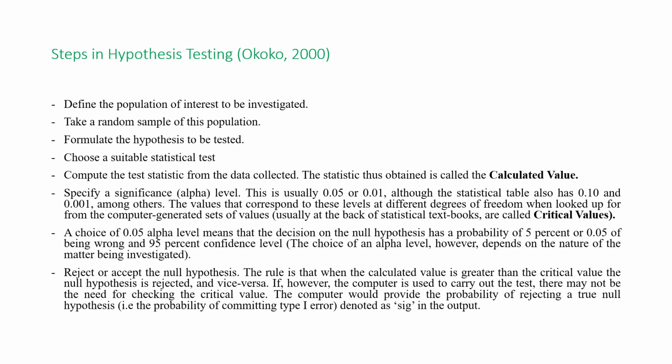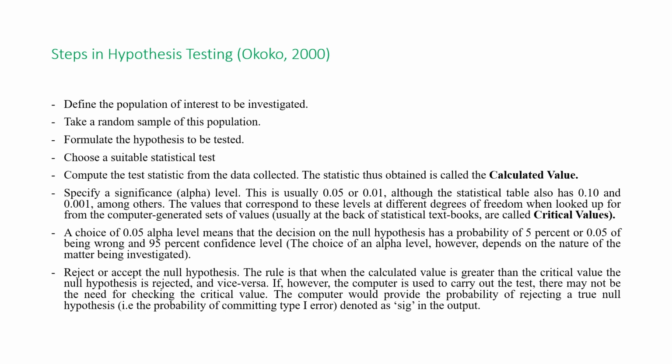If, however, the computer is used to carry out the test, there may not be the need for you to check the critical value. The computer will provide the probability of rejecting a true null hypothesis, that is, the alpha level at which your result is correct, at which you can reject the null hypothesis.